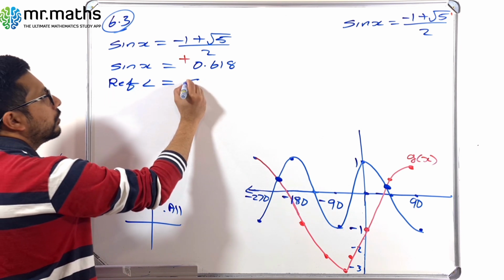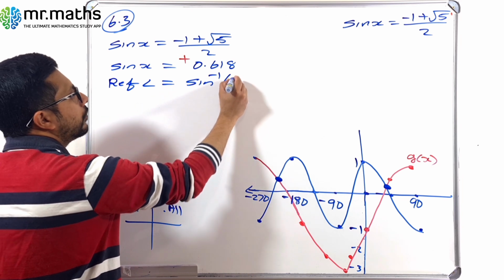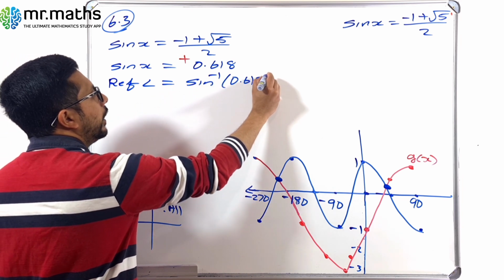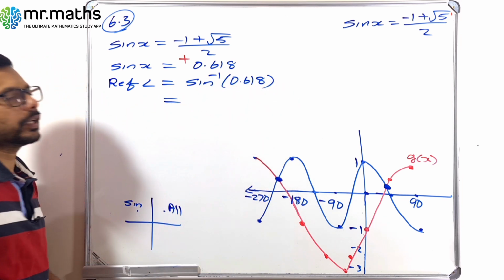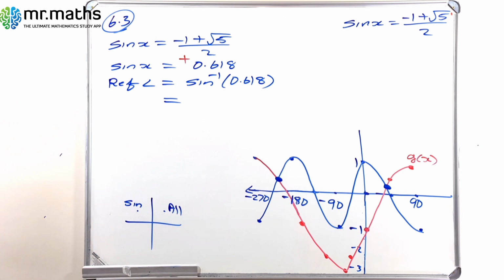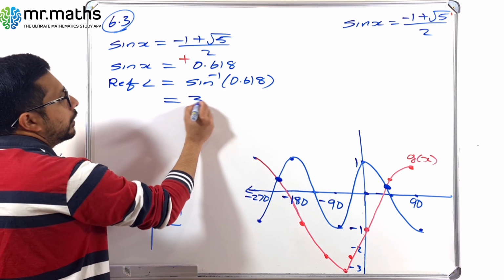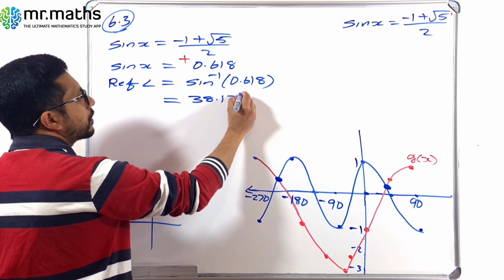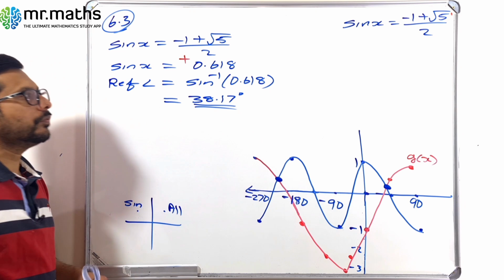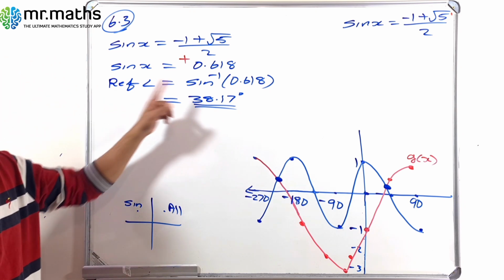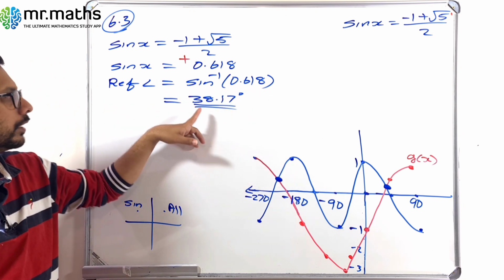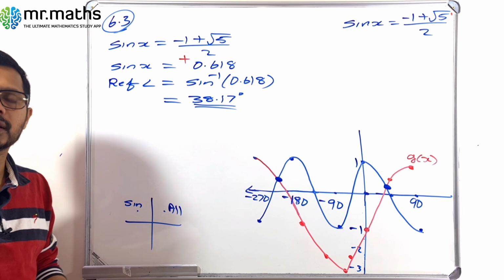Reference angle is equal to sine inverse of 0.618. Check in your calculator what is sine inverse of 0.618. That is 38.17. That is the reference angle.